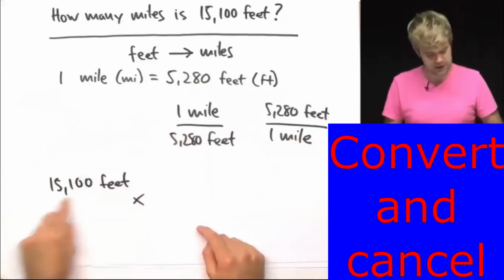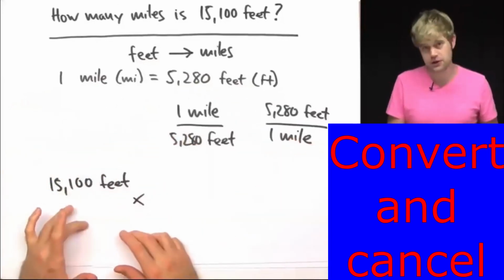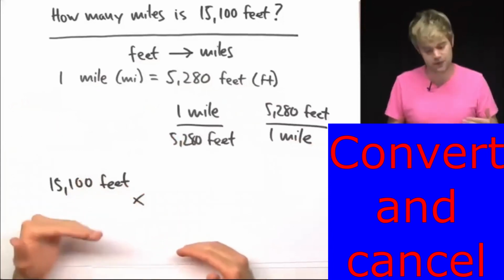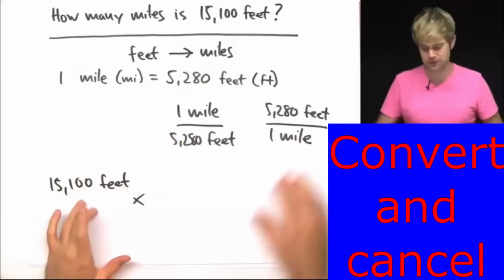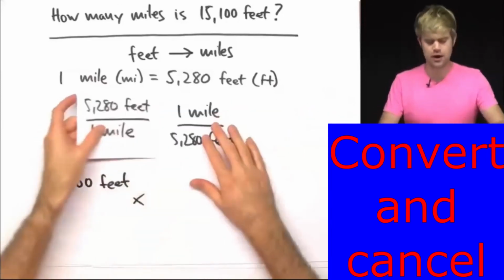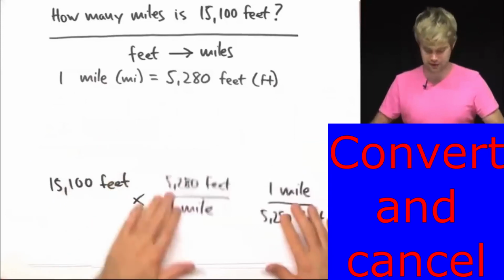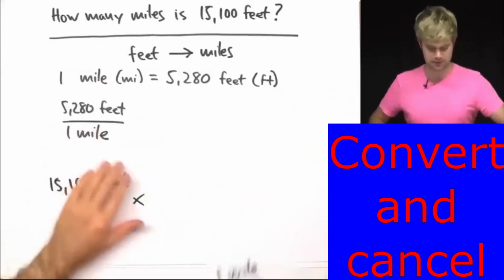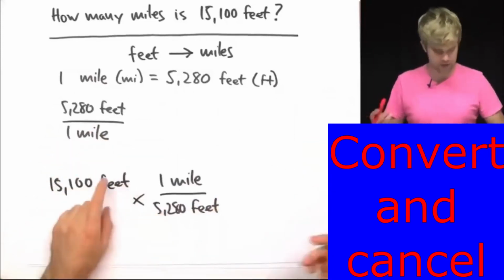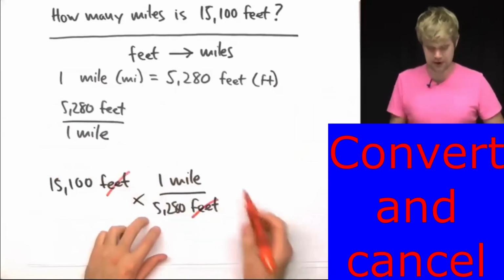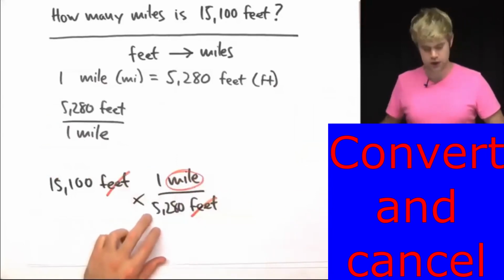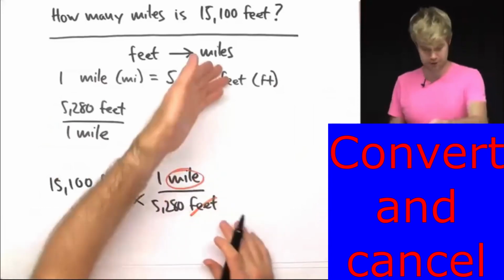We have feet not as part of a fraction, so you assume that feet is on the top of a fraction, which means that we are going to want a conversion factor that has feet on the bottom of the fraction so they cancel out. So it is going to be this one here. And now feet on the top and feet on the bottom cancel out, and they leave me units in miles, which is what I'm looking for here.